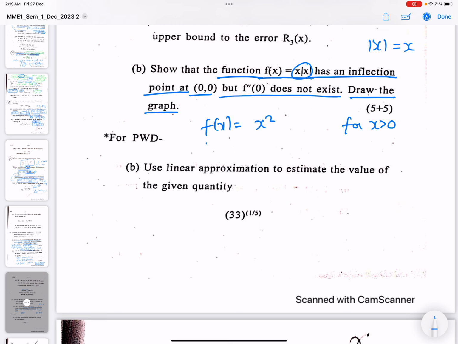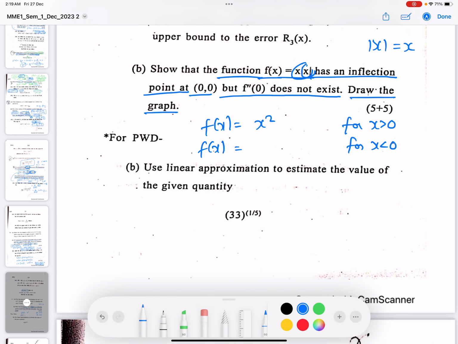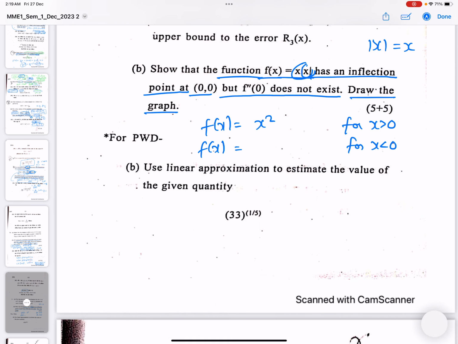For x less than 0, mod x would be written as minus x, and the function would become minus x square.